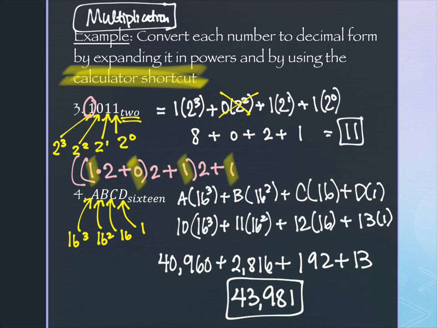So if we follow this same format for the next example here, I'd have my number 10 times 16, because I'm in base 16, plus the number 11, all in parentheses, times 16, plus the number 12, all in parentheses, times 16, plus the number 13 at the end.